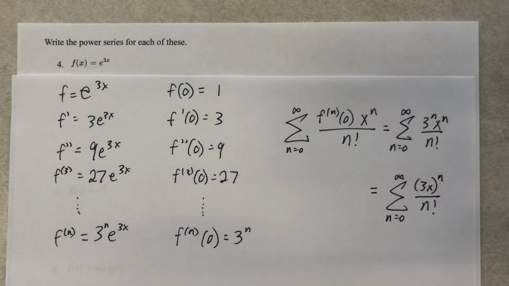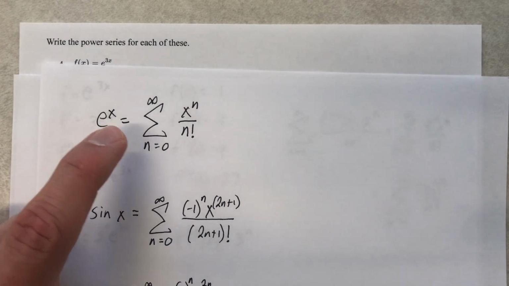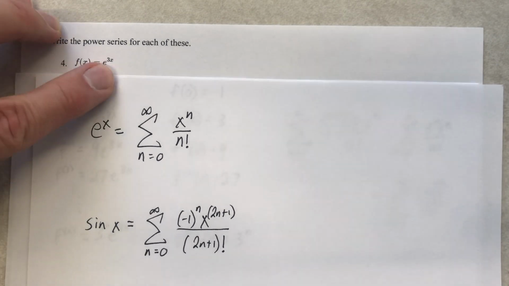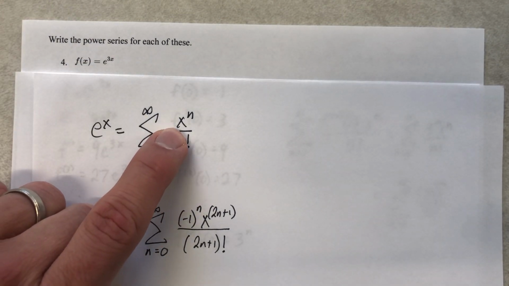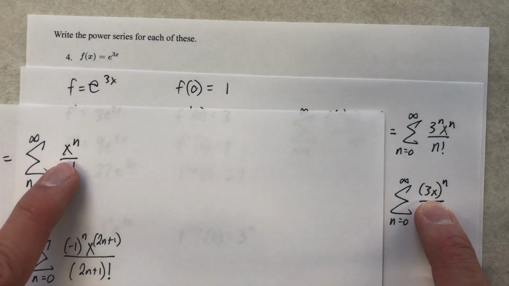Okay, let's pause for a second. Okay, resume. The power series for e to the x is this. The power series for e to the 3x is this, but it's not just x. It has a 3x where there was an x. You just found a shortcut, okay?